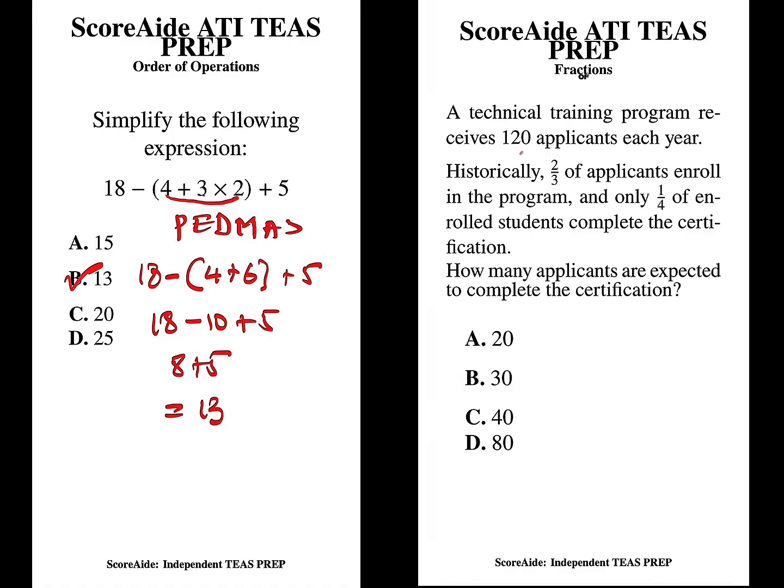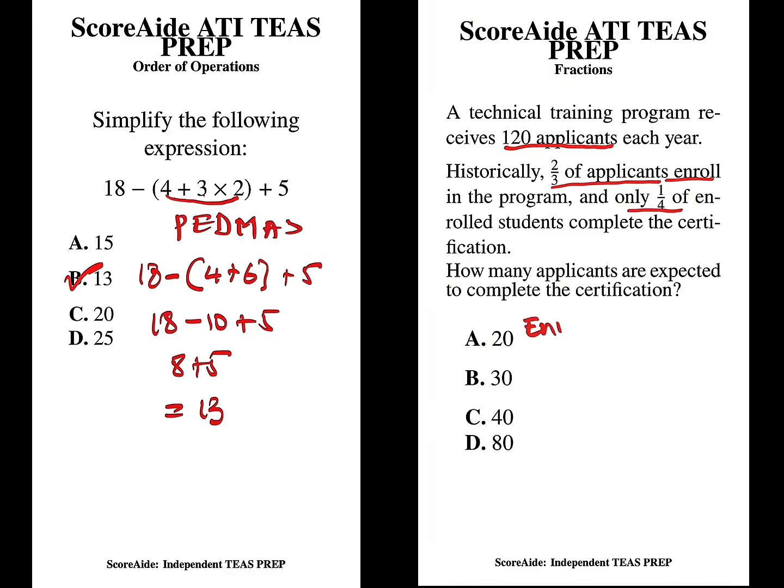First of all, we know the number of applicants is 120, and two-thirds of those applicants become enrolled students. And out of those enrolled students, only a quarter complete the certification.